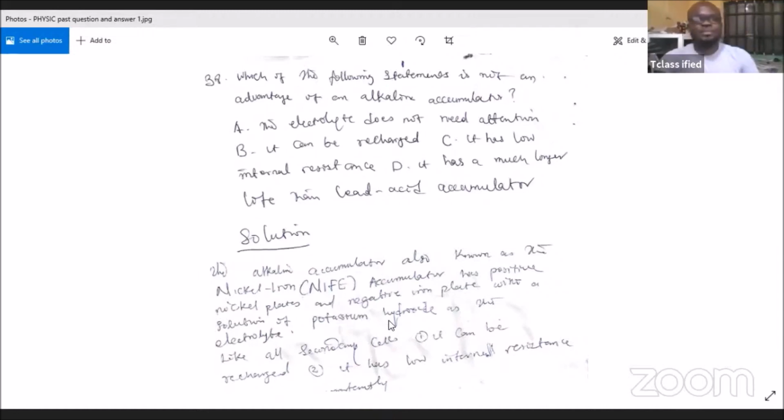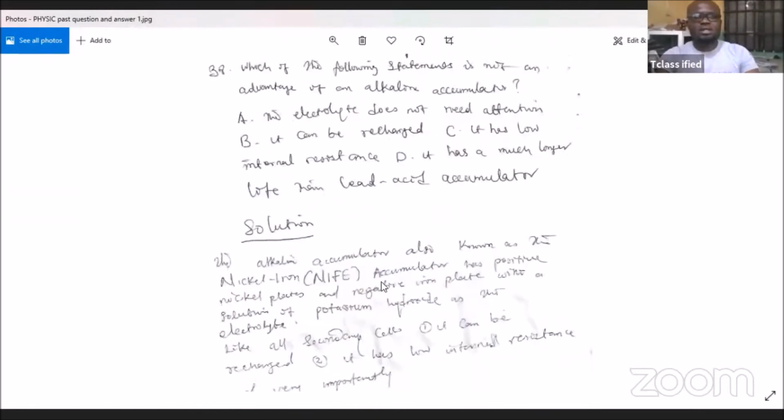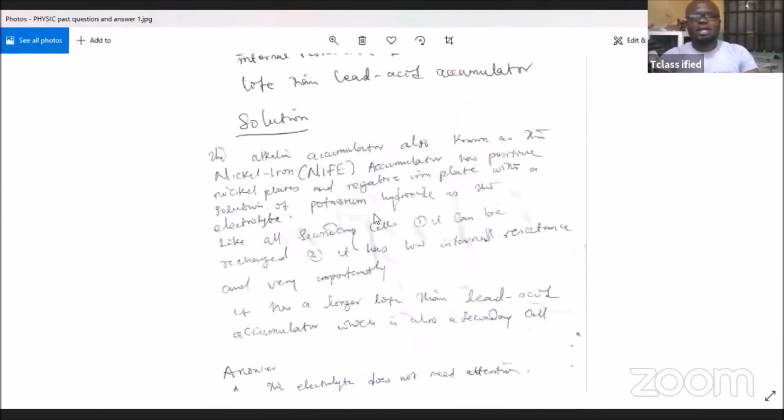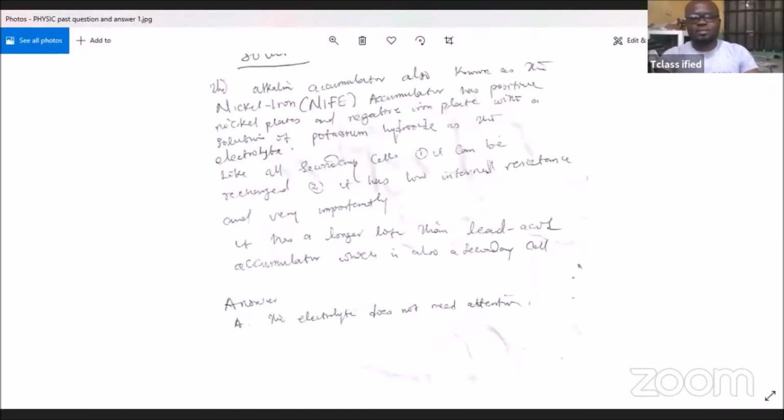Now, to put this in perspective, we need to understand what the alkaline accumulator is. The alkaline accumulator is also known as the nickel iron accumulator.